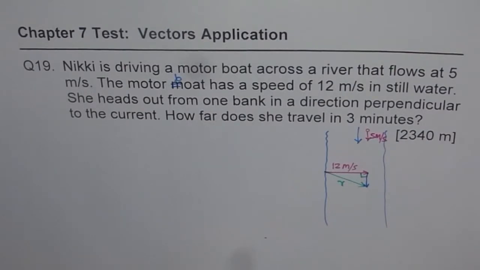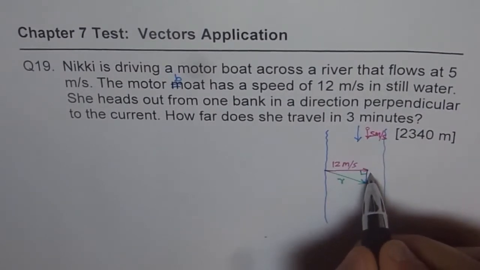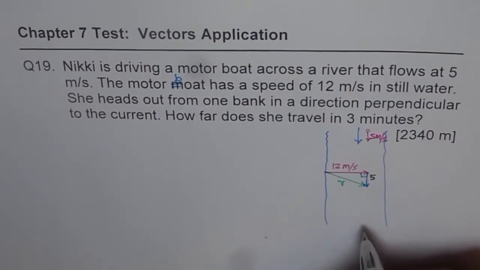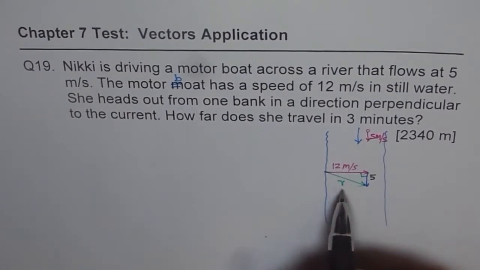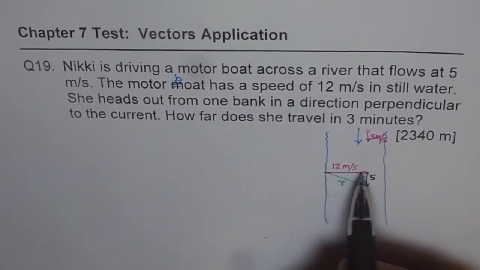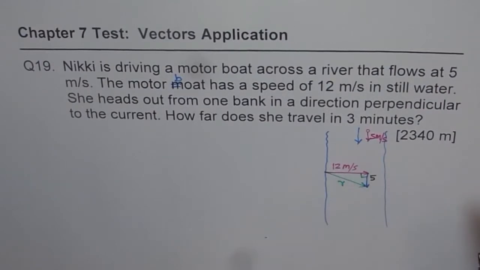Now if you make your vector diagram, which is shown here, the two sides will be in the ratio of 12 and 5. You see that? Therefore, you can find what R is using the Pythagorean theorem, correct? And that will be per second. So if you multiply that with 3 minutes, then you get your answer, right?